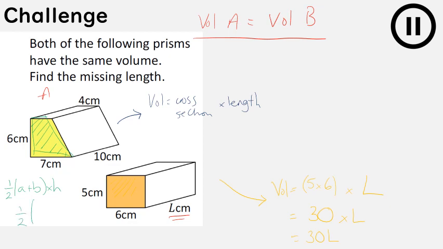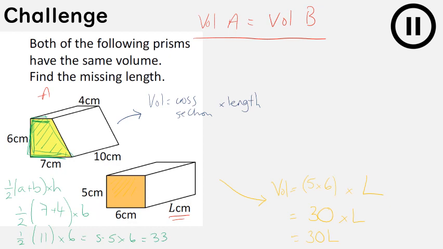A and B, remember, are the parallel sides, the 7 and the 4. So let's add those together. And the height is this 6 here. So we've got half of 11 times 6. Half of 11 is 5.5. 5.5 times 6 is going to give us 33.